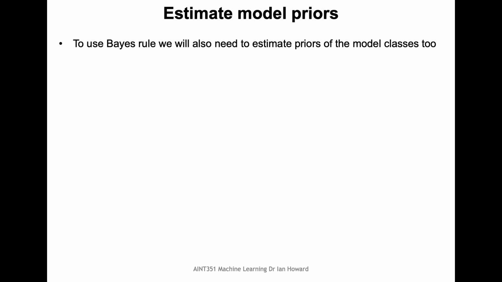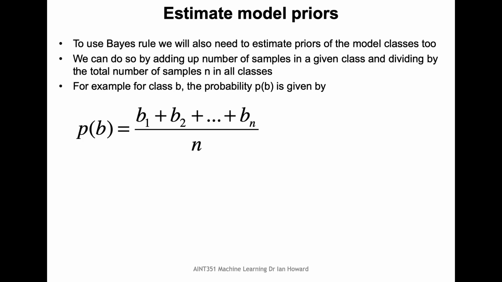What we also need to do is calculate the priors of our model. So we need to estimate, what's the probability of class A happening, what's the probability of class B happening. And we can do that just by adding up the times it actually occurs. So if we've got, let's say, altogether n data samples of class A and class B, then the probability of it being class B is all the times that class B occurred divided by n, right?